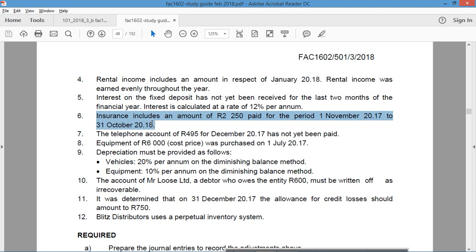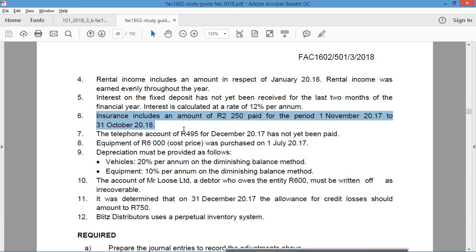Next, what did you do with this one? Number 6. Insurance includes an amount of 2,258 paid for a period of 1st November to the 31st. So it's a prepaid expense. Your expense will come down because you paid for it. Expense increases on the debit, so the insurance will be credited.